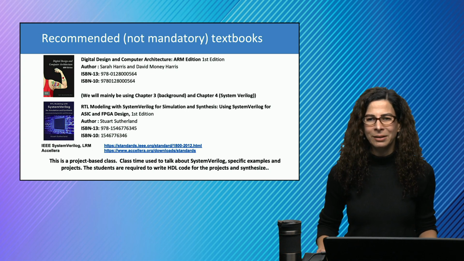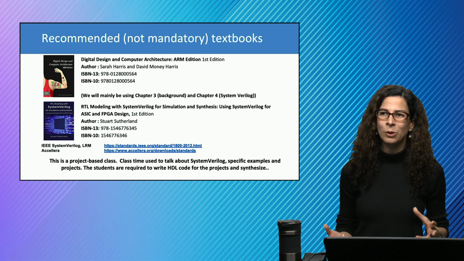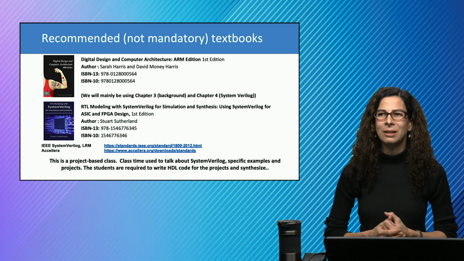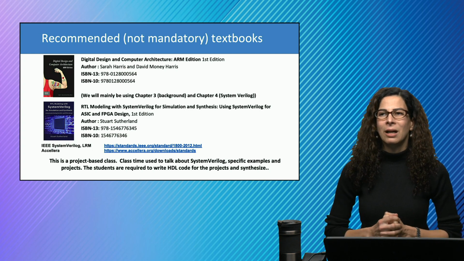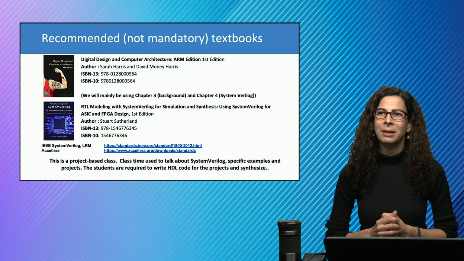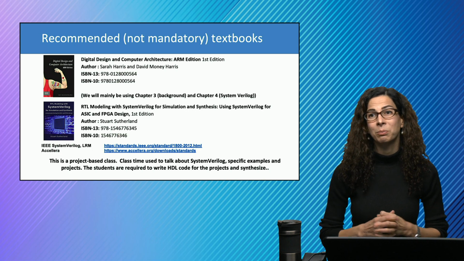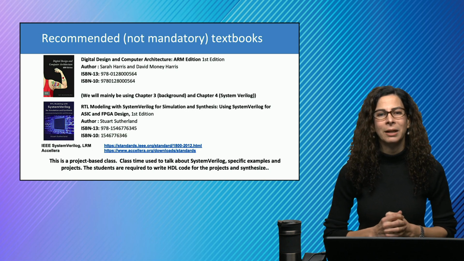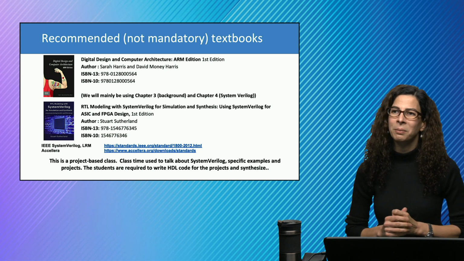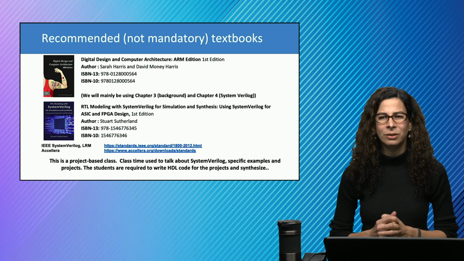I try to make my course so that you don't need to really buy a book. We make the slides comprehensive, and hopefully these videos will help you understand the parts that may be missing if you just looked at the vanilla slides. But there are 2 books that are recommended if you want to have a book as a reference. Some people like to have that. The first is Digital Design and Computer Architecture by Harris and Harris. You probably have used that in your logic design course.